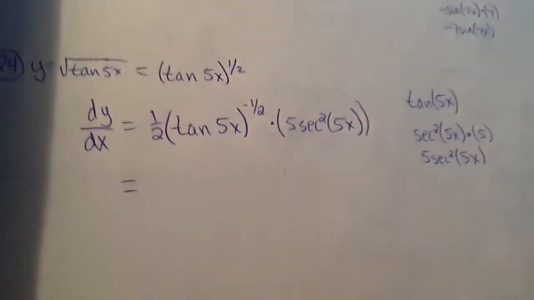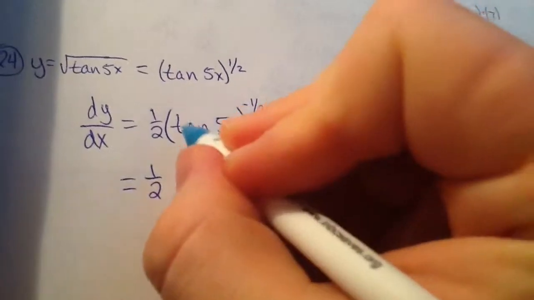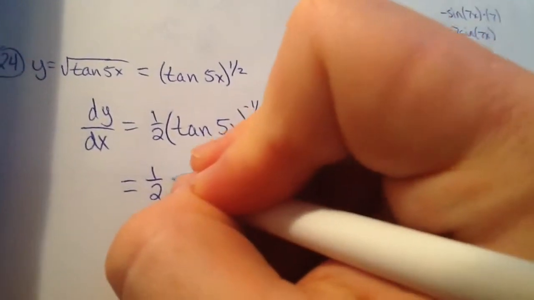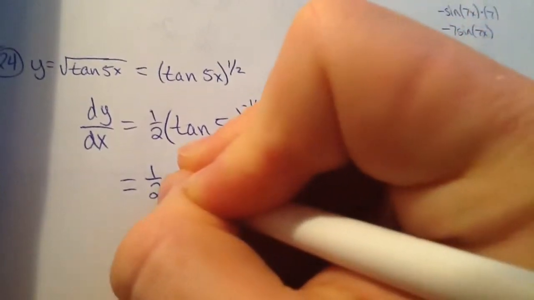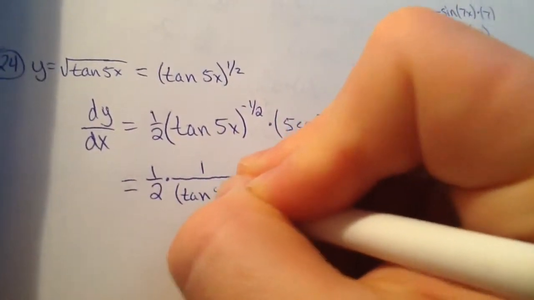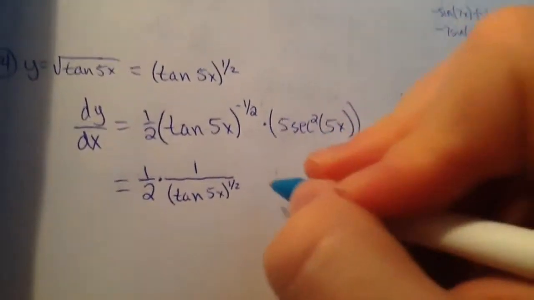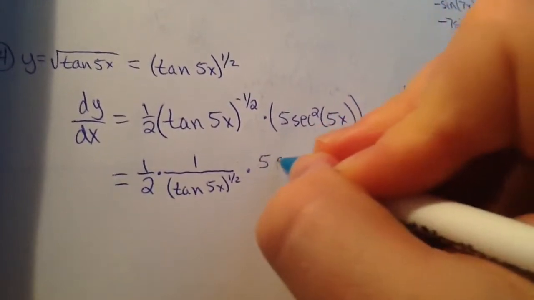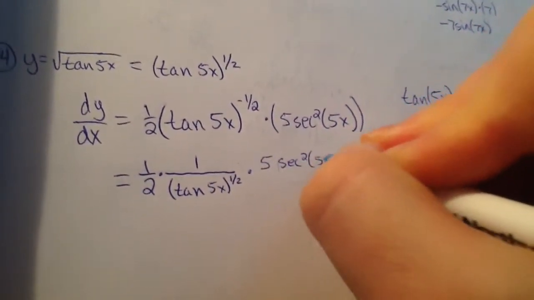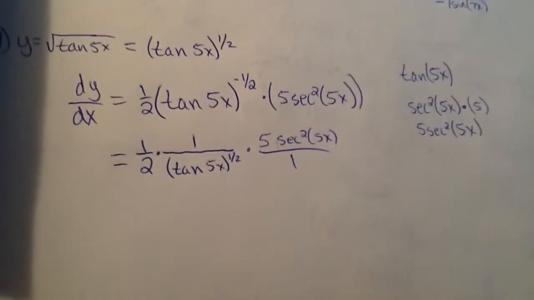So let's see. I won't skip steps. I have 1/2, well, this to the negative 1/2 power. That's the same as move it to the bottom and make the power positive. Times, and this, I might as well write it as 5 secant squared of 5x over 1, because that'll make it look nicer.